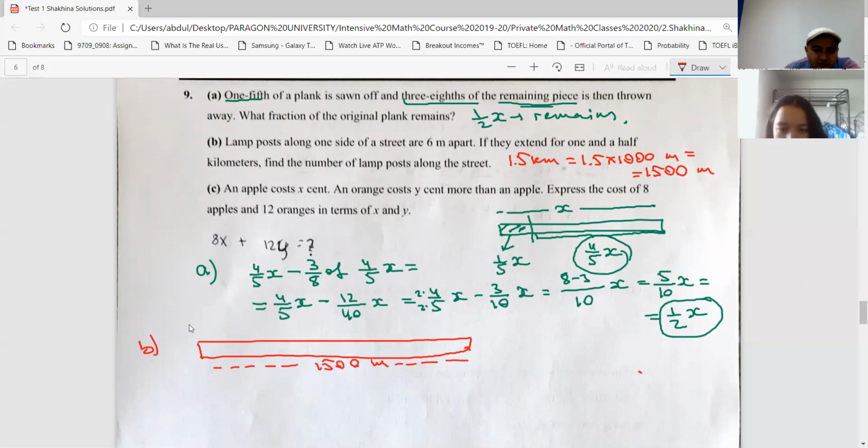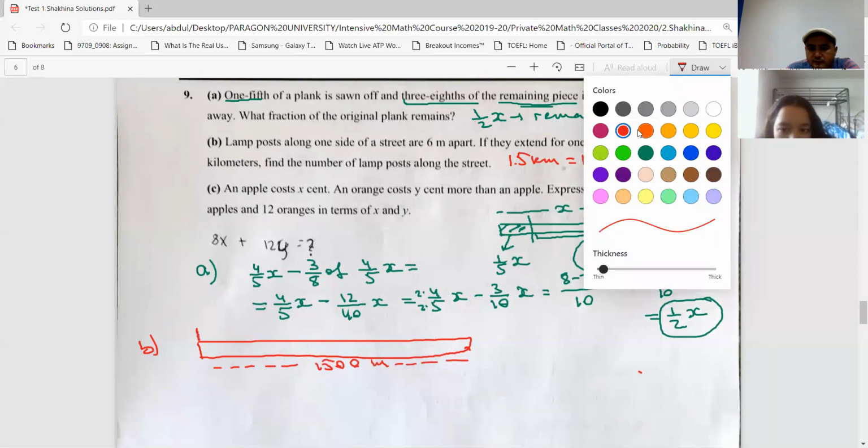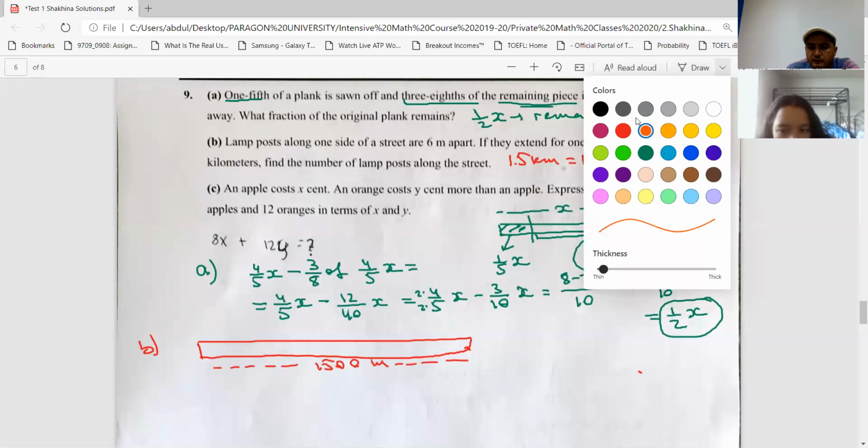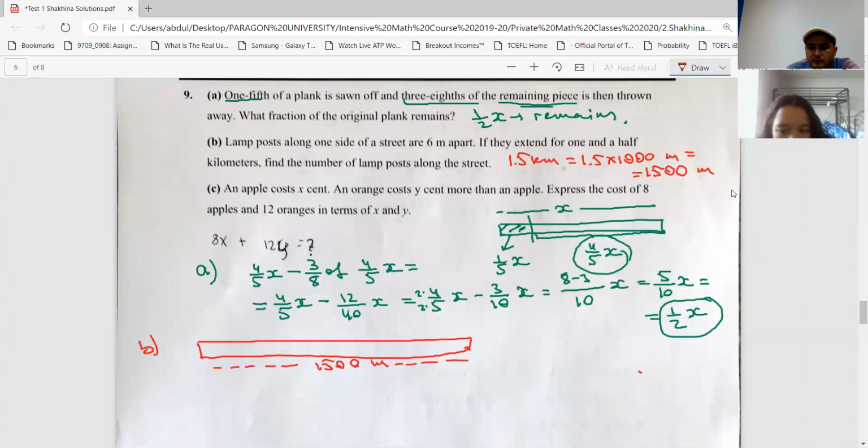Okay. So now, Shahina, here we have the first lamp post. Here we have the second one. Here we have the first one, the second one, third one, and so on, dot, dot, dot.